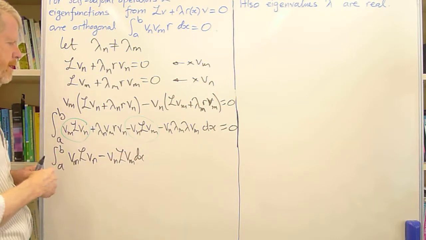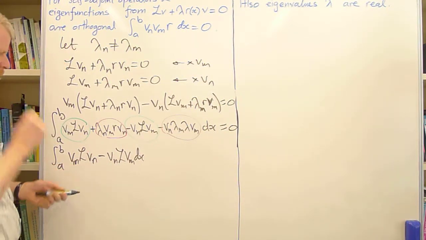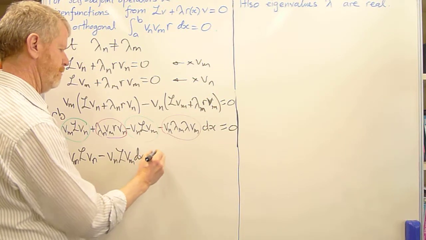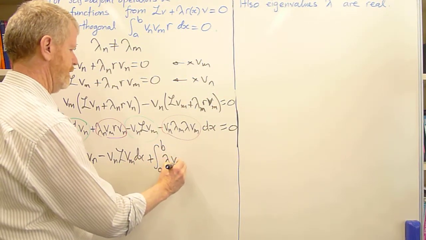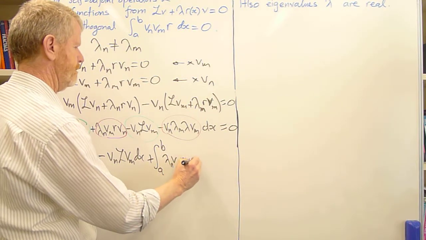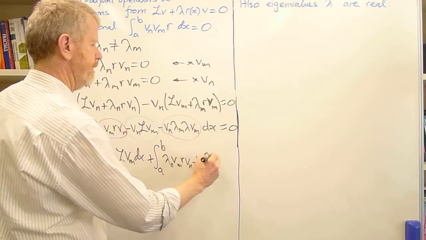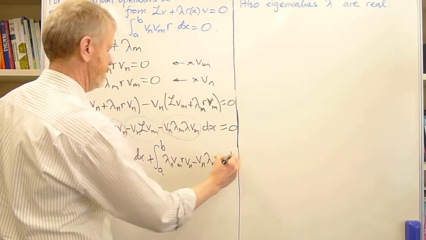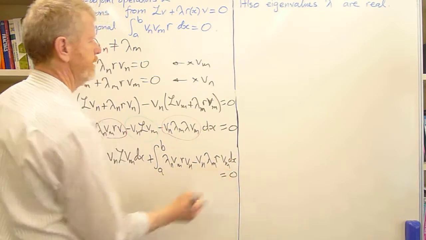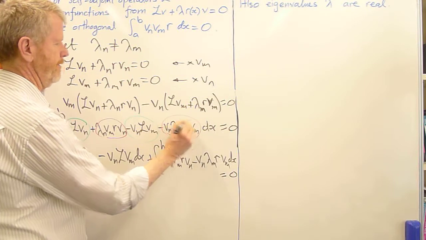Then group those two terms and say plus the integral from a to b, lambda n Vm r Vn minus Vn lambda m r Vm dx, and all of that has to be 0. And if you notice the misprint, that lambda there, that's an r.